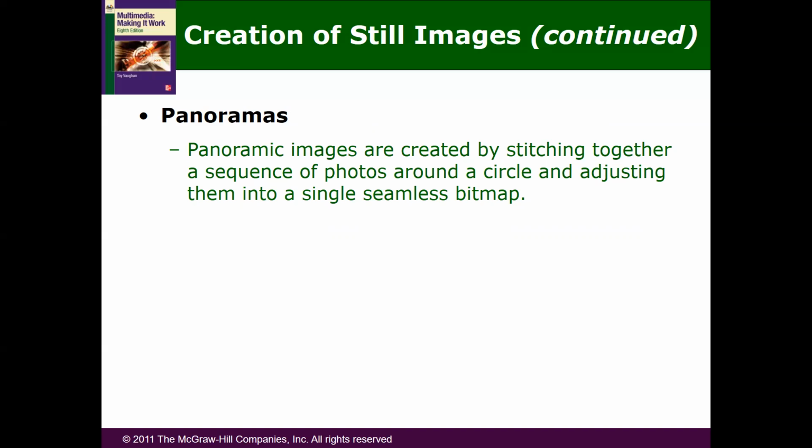Now, what it simply means is many images are taken from different angles around a circle or semicircle, and finally all those images are combined into a single seamless image. When we say single seamless bitmap or single seamless image, it's just like you are taking a single shot. It will seem similar to that, but in fact, it is not. It's different shots stitched together.